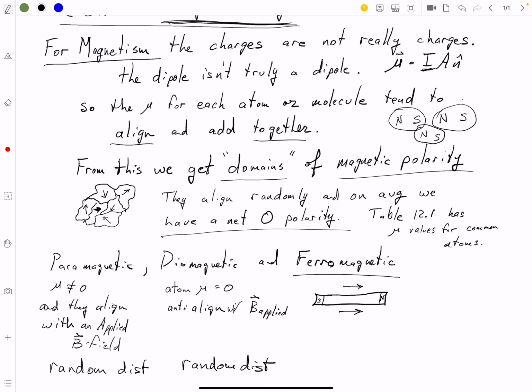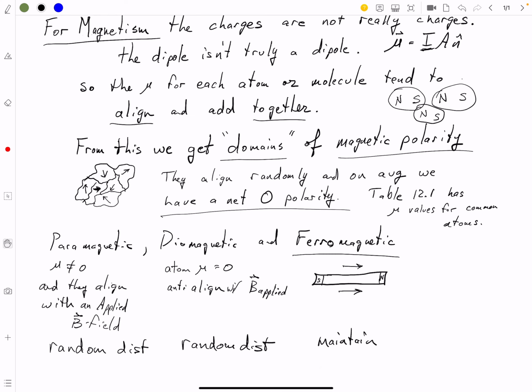But ferromagnetics maintain their aggregate net polarity.